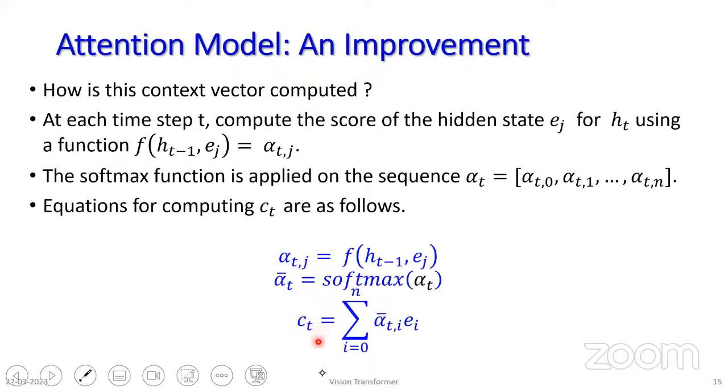So what is c_t? It is a weighted average, because softmax makes the weights between 0 and 1, summing up to 1. So it's a weighted average of the hidden unit states from the encoder. How much weight do I attach to the ith unit e_i, corresponding to the previous hidden state of the decoder unit? Accordingly, this context vector is presented to the current hidden unit of the decoder.